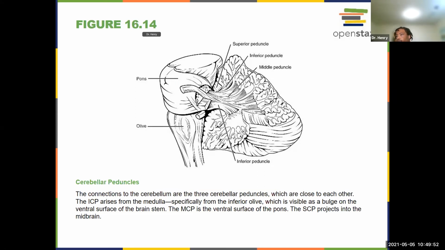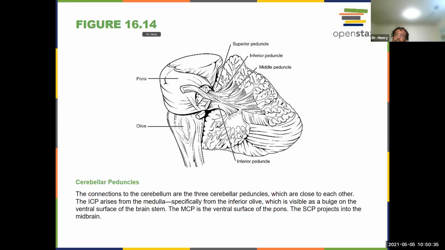So the next thing that we're going to be looking at is coordination and gait. The cerebellum is responsible for our coordination, and this is showing you the three peduncles.